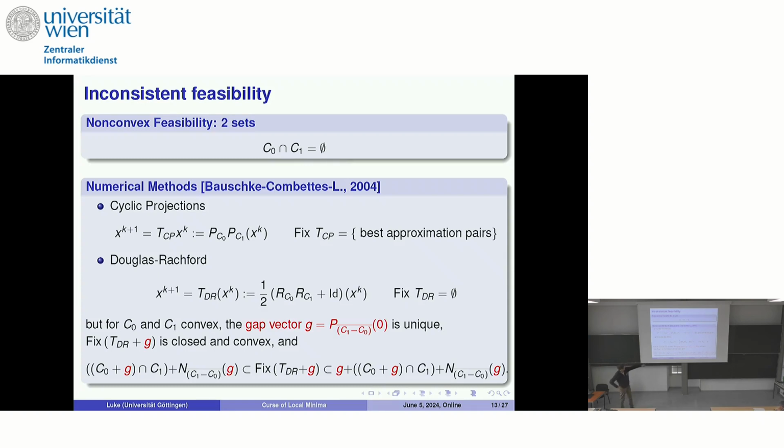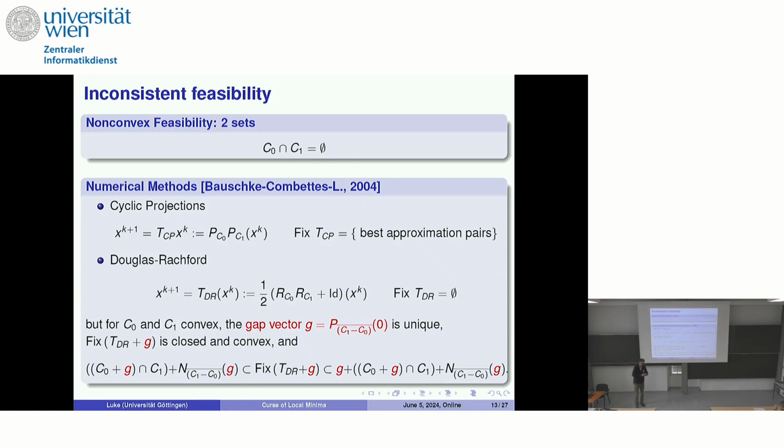And that's sort of what this characterization shows you, that if you take the Douglas-Rachford operator and shift it by the gap vector, that is a non-empty set. We can characterize it this way.